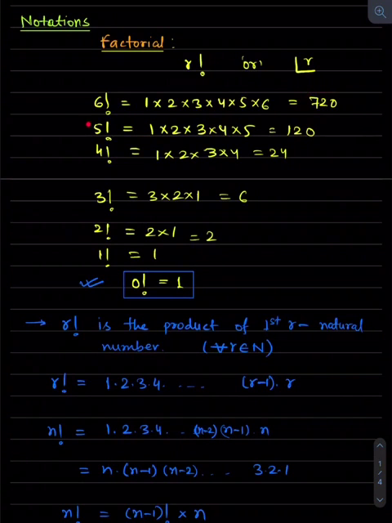So if any factorial contains 2 and 5, then there must be a 0 at the end. So 5 factorial contains one 2 and one 5, that's why it ends with 0. This also contains one 2 and one 5, so 2 times 5 is 10, so the unit digit will be 0.